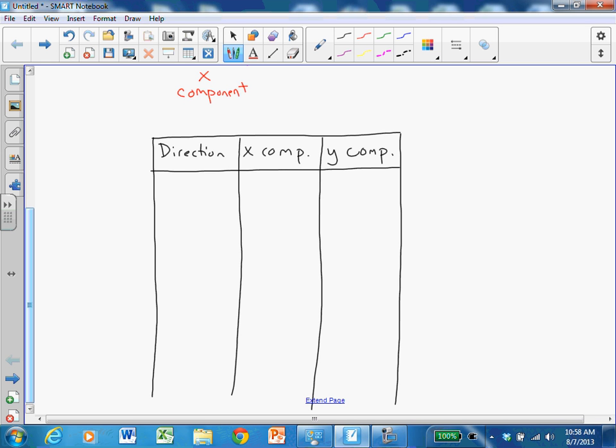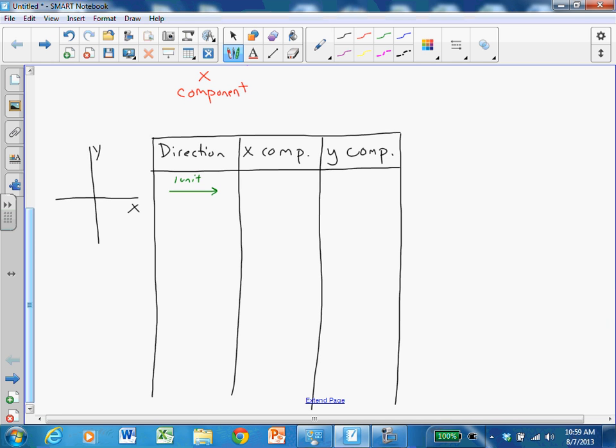Okay, and we're going to start with a vector. So we'll just take a vector like this. And let's think of our standard XY notation. And let's say that this vector that we have here is 1 unit long.